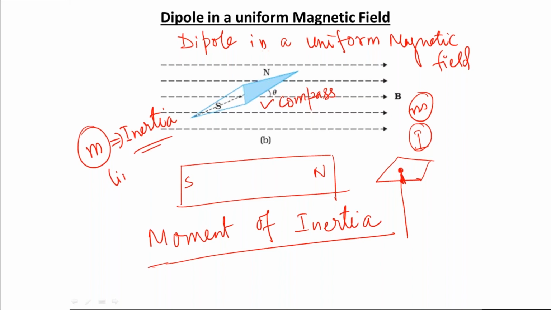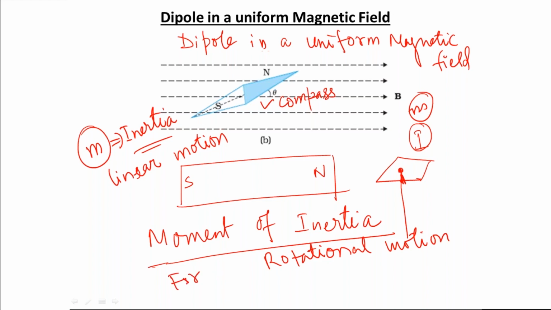We know only inertia, the measure of inertia is mass. This is for linear motion, okay? And what I'm talking about actually, the moment of inertia, is for rotational motion, okay?